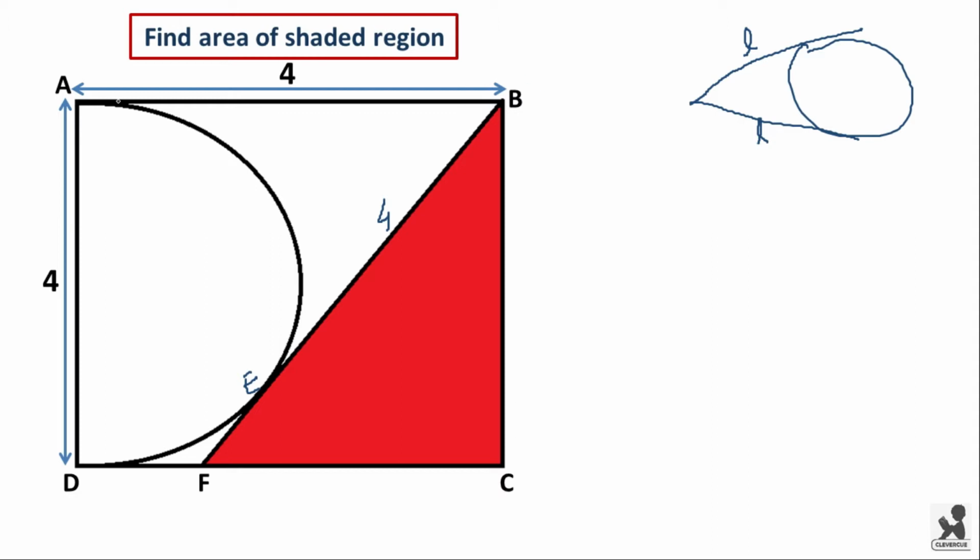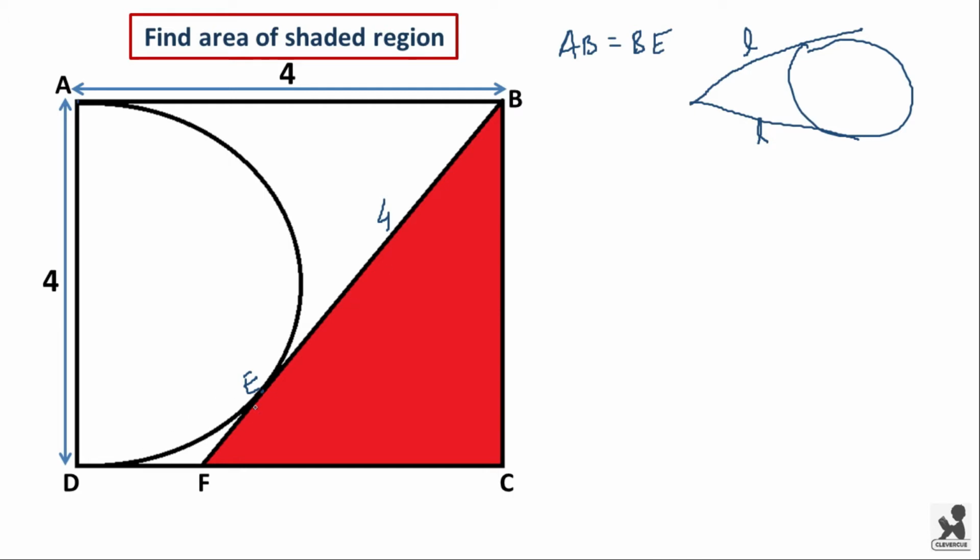So AB is a tangent to the semicircle touching at point A, and BF is a tangent to this semicircle touching at point E. So the length of AB will be equal to the length of BE.